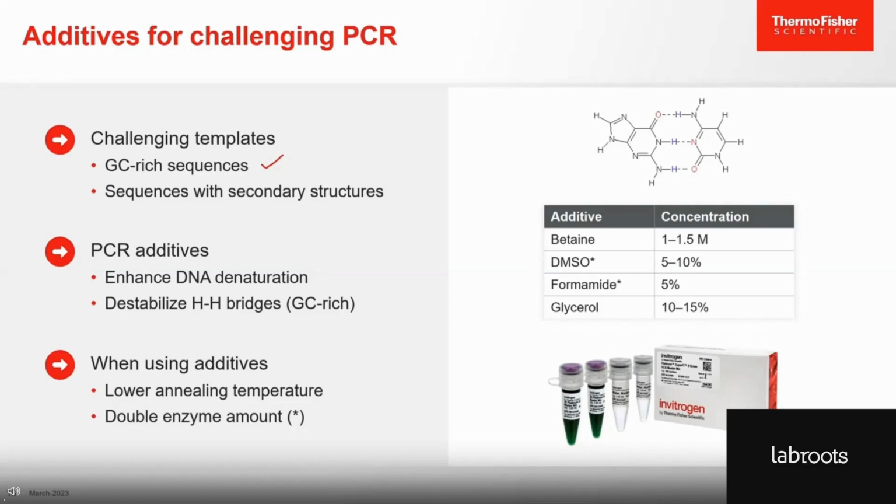There are products available in the market that have special GC enhancers to enhance amplification of such templates. For example, AccuPrime GC-rich DNA polymerase is designed to provide high-yield, high-specificity amplification of difficult-to-amplify templates, such as those with greater than 65% of GC content.